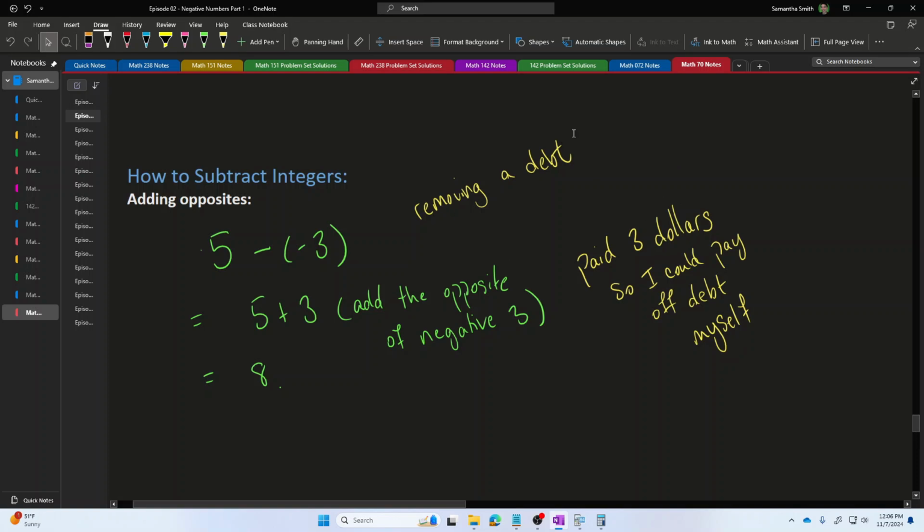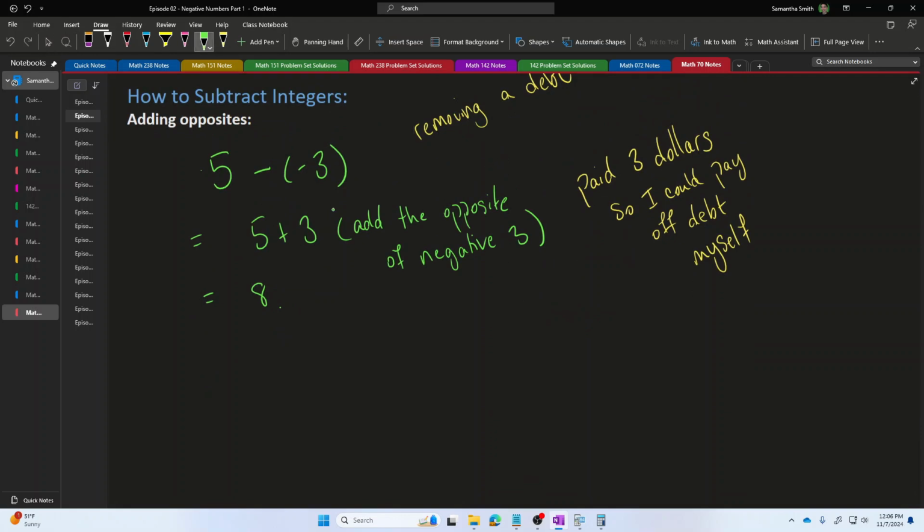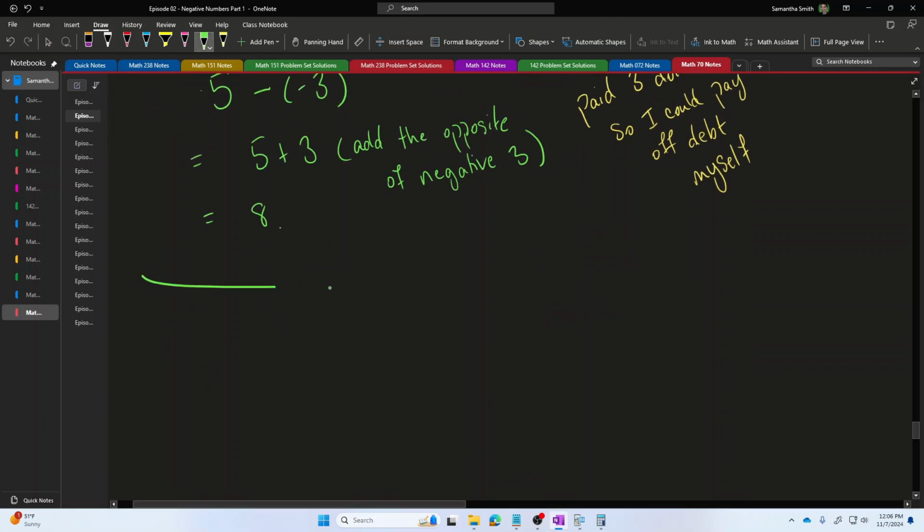If this person just cancels my $3 debt, that is having the same effect on my finances as if they paid me $3 and they added $3 to me so I could pay off that debt myself. And so that's what we're seeing here mathematically. Subtracting a negative number, removing that debt, is having the same effect as adding a positive number, like they just gave me that $3.